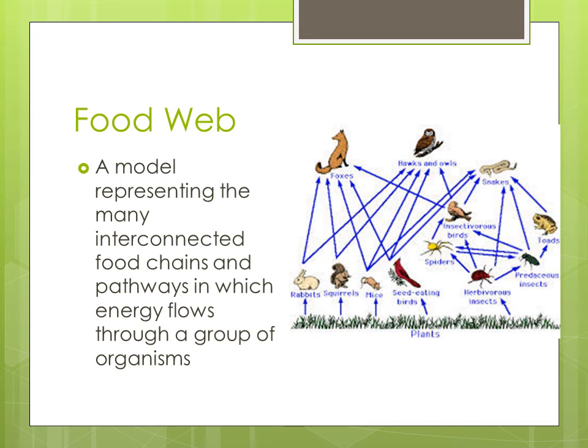And you can see all the interconnected spaces here. For instance, herbivorous insects are eaten by spiders. They're eaten by insectivorous birds. They're eaten by predaceous insects. So there's all these things that an owl or a hawk can eat. So you can see that.